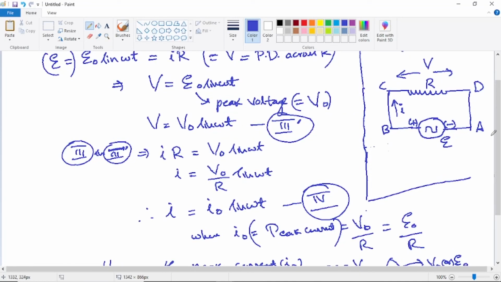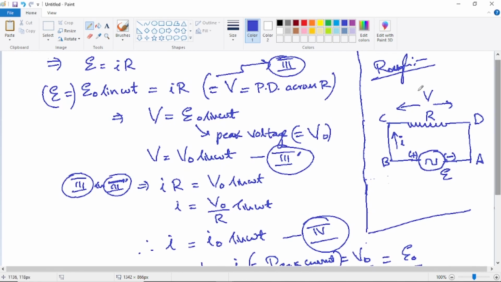This is a rough diagram. Actually this diagram belonged to the first half of the derivation. We are into the second half, the last part of the derivation. The diagram is not required again, but for the sake of understanding, the diagram will be much simpler to use in understanding the equations.